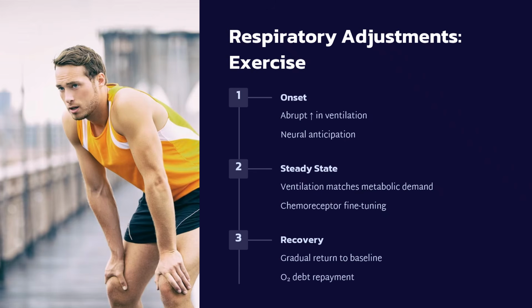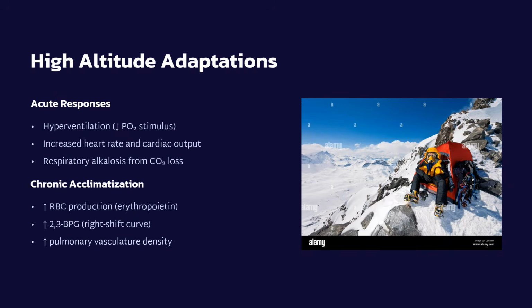Then after the onset, we have the steady state, wherein the ventilation matches the metabolic demand, and we have your chemoreceptor fine-tuning. And lastly, we have the recovery, wherein there's a gradual return to baseline and there is an oxygen debt repayment in your tissues.